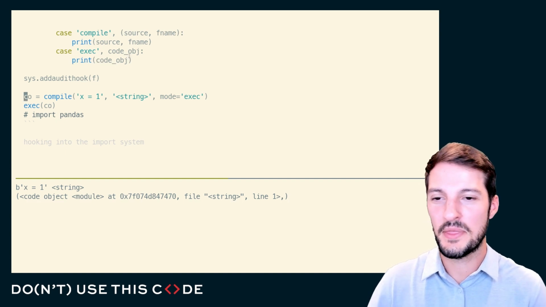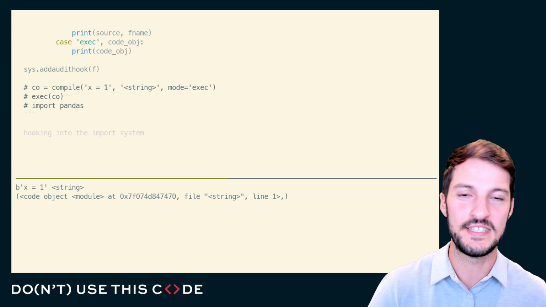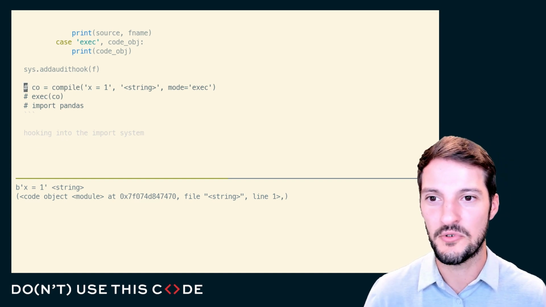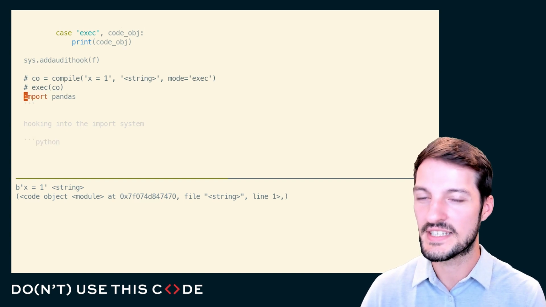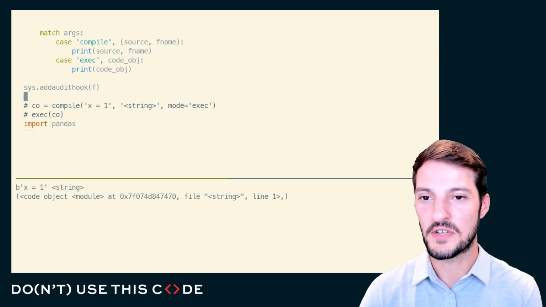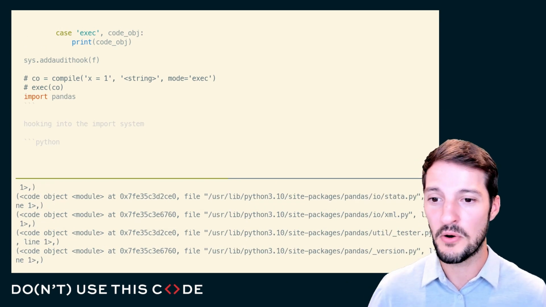But we don't ever really write compile, we don't write exec, we don't make use of these built-ins very often. So you might be wondering, well, what's the point of this? Well, Python makes extensive use of compilation and execution, as we talked about. And so whenever I'm importing something, I'm actually doing both of these steps.